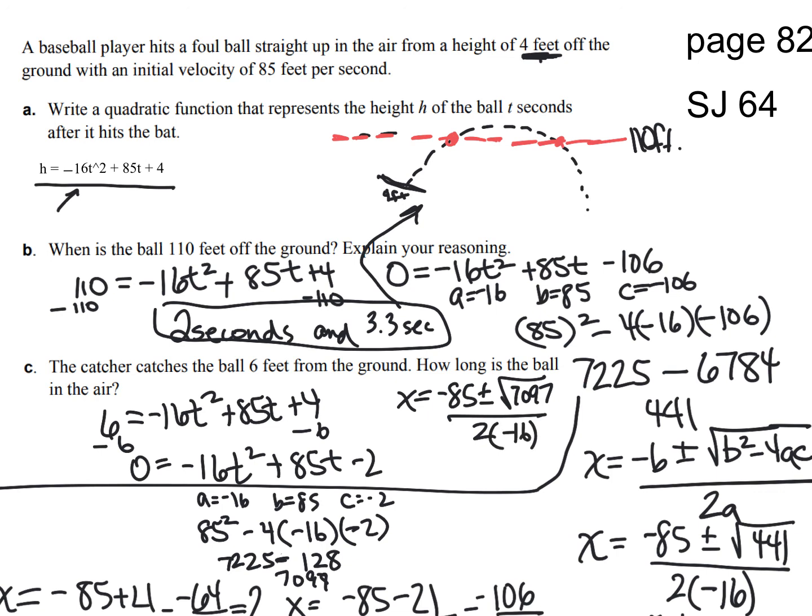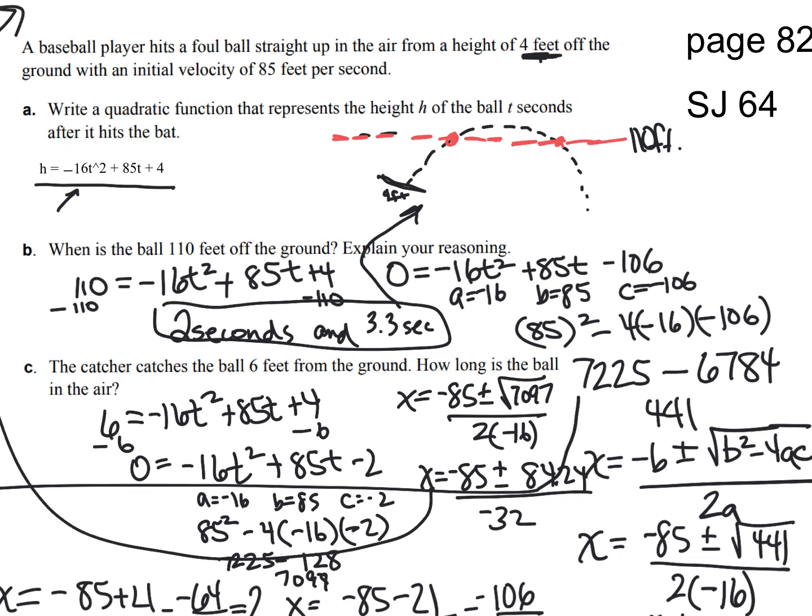So I have negative 85 plus or minus, and since I need a realistic answer, I'm going to round to the nearest hundredth, 84.24, divided by negative 32.